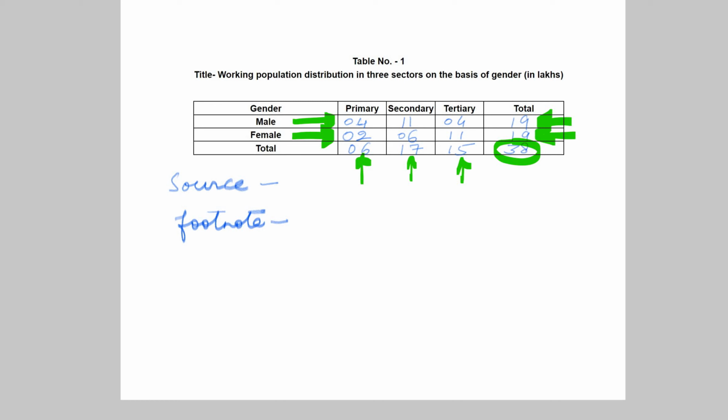So in totality 38 lakh people are working. So this is the working population distribution.